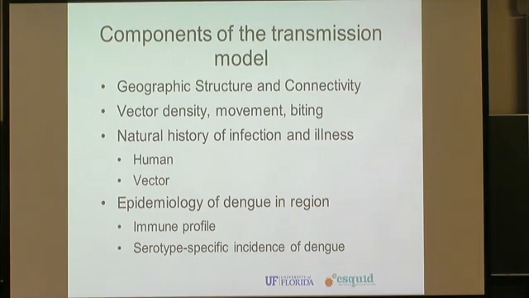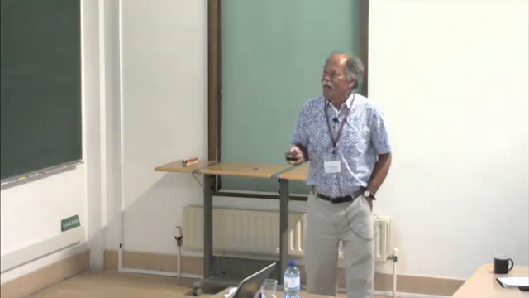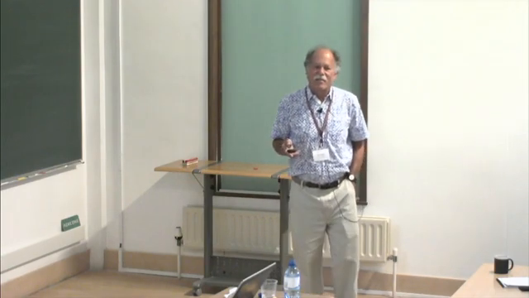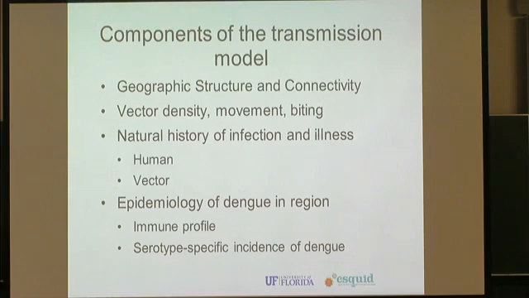It has a natural history of infection of both humans and the vector, and it takes into account the epidemiology of dengue in the region and the immune profile. And for those of you who don't know dengue, there are 4 serotypes that interact with each other, and people can be infected with up to 4 of those serotypes. And many times the second infection is the most severe.